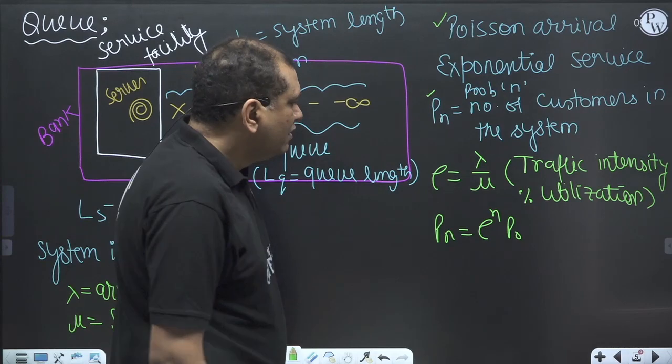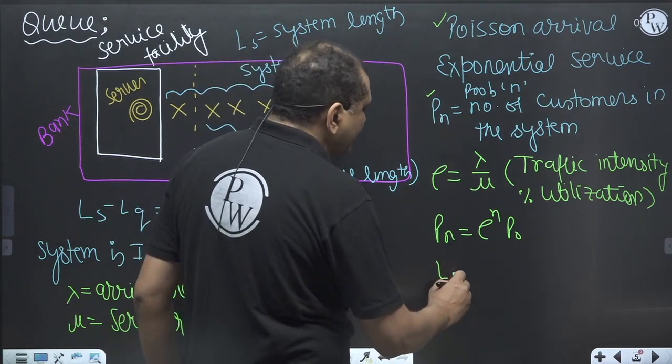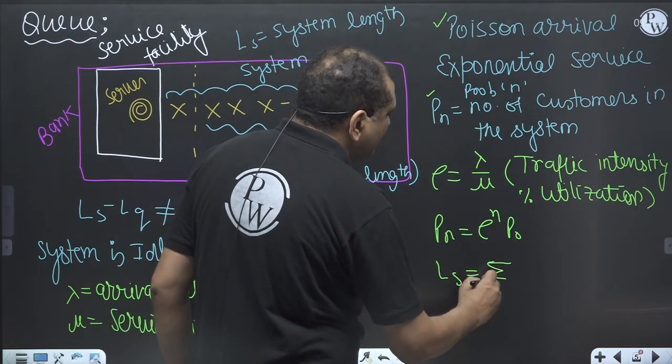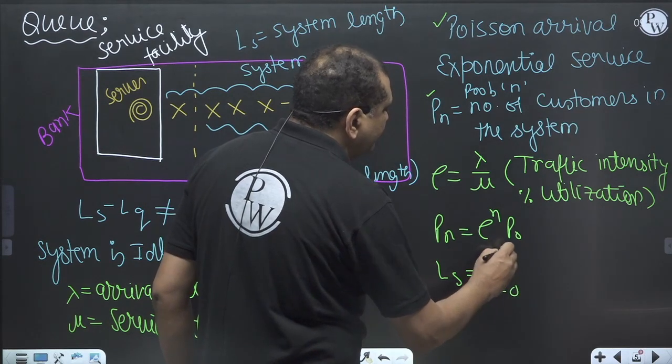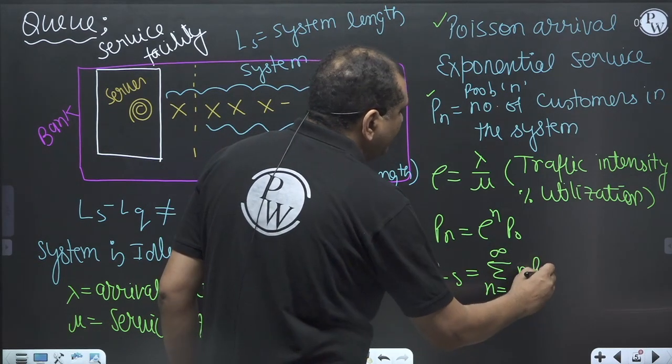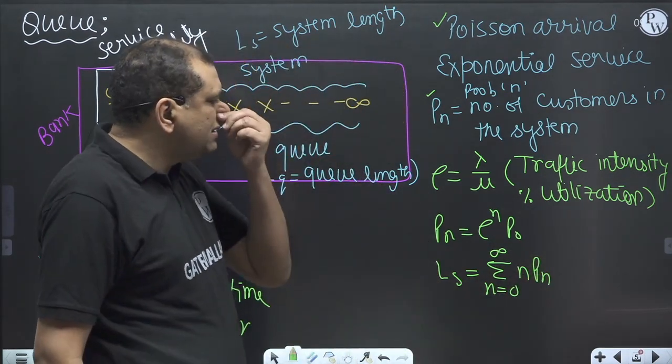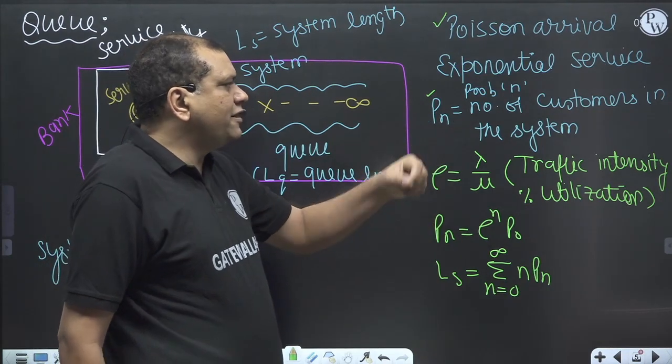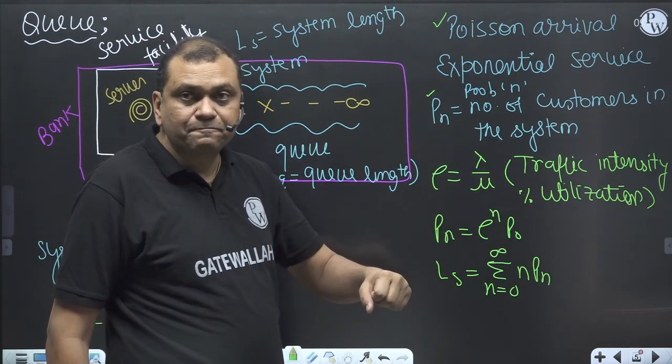And length of system is nothing but summation 0 to infinity n Pn, where Pn is the probability of n customers in the system.